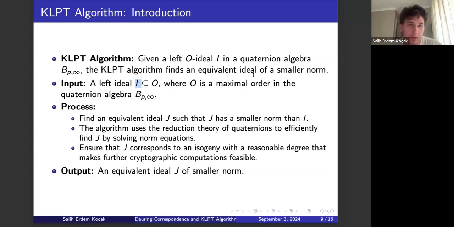The KLPT algorithm gives you a way to find another left O-ideal of this quaternion algebra, which has a smaller norm. This is important for us because when the ideal has a smaller norm, it will be practical to find some isogenies between some elliptic curves. So this is the main use case of the KLPT algorithm for us.